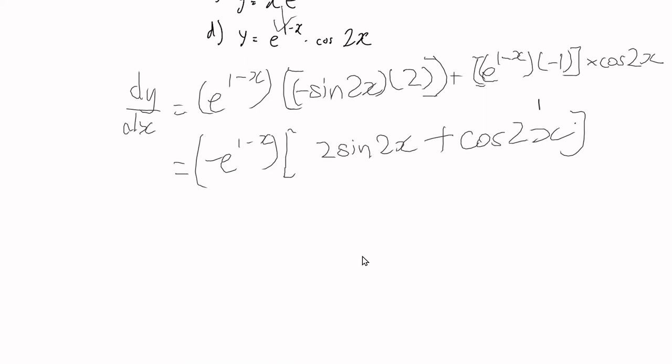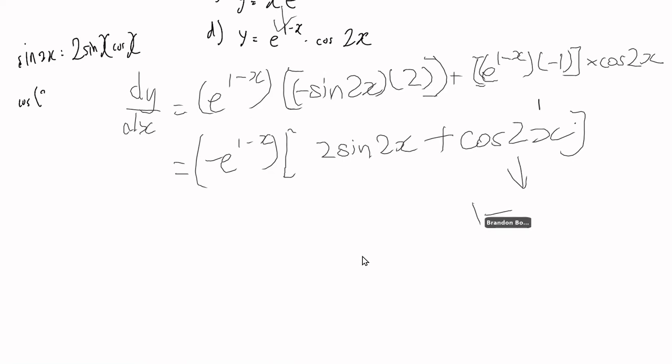Only sin x, not 2x. Okay, wait, I need to show you the identities. Sine of 2x is 2 sine x cos x.